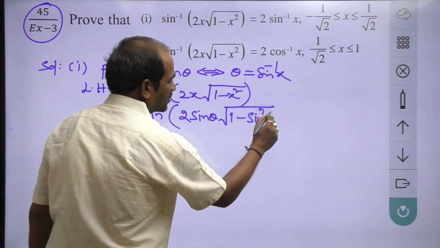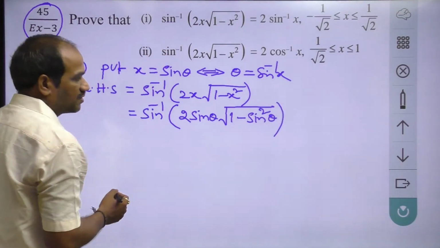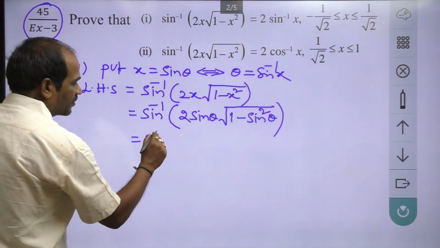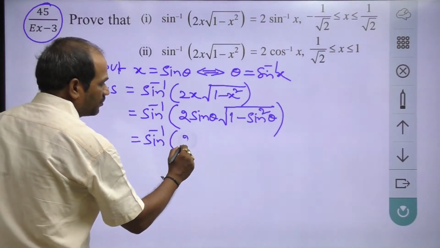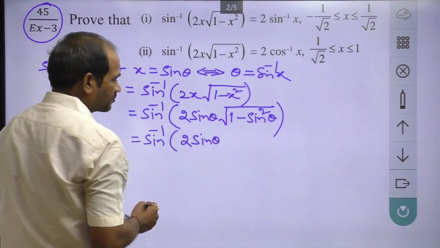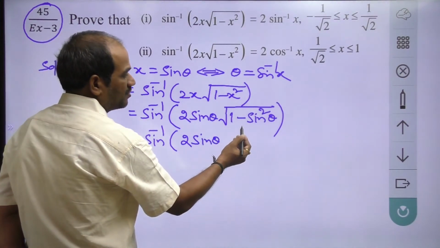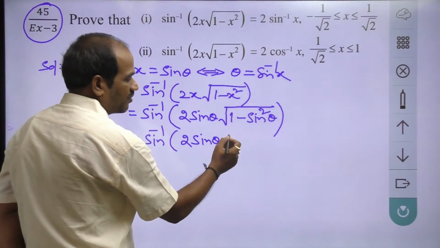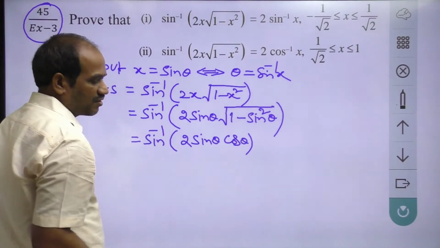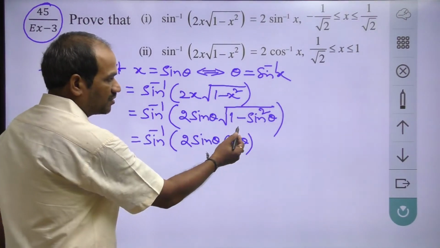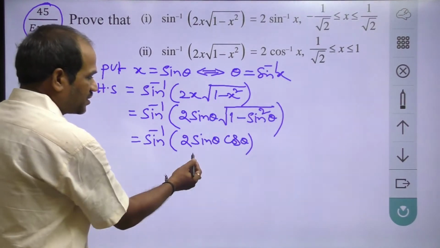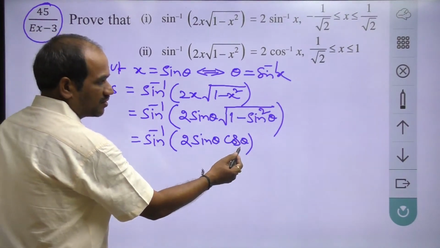The square root of 1 minus sin square theta is cos theta, this is the formula. So we get 2 sin theta into cos theta.